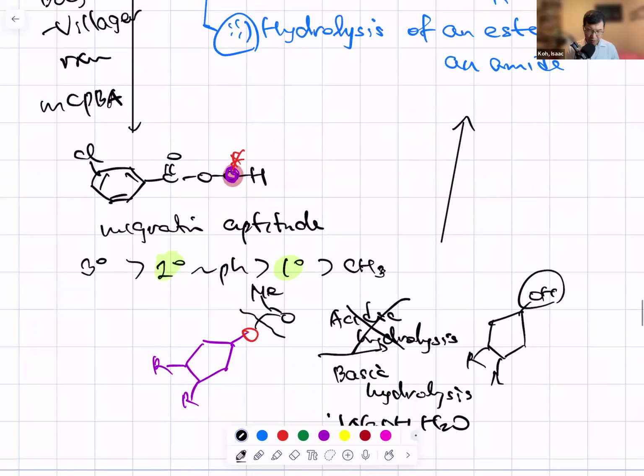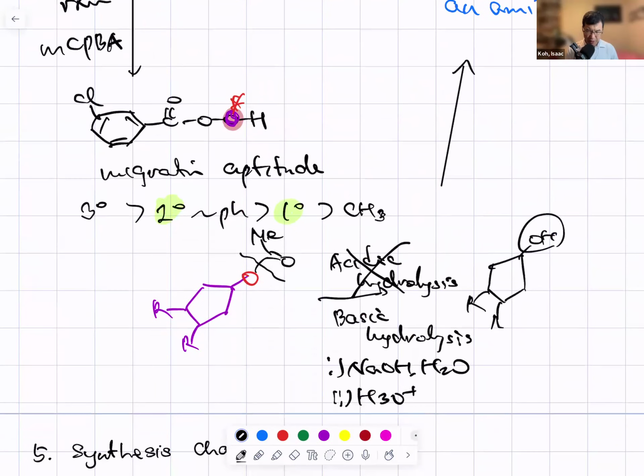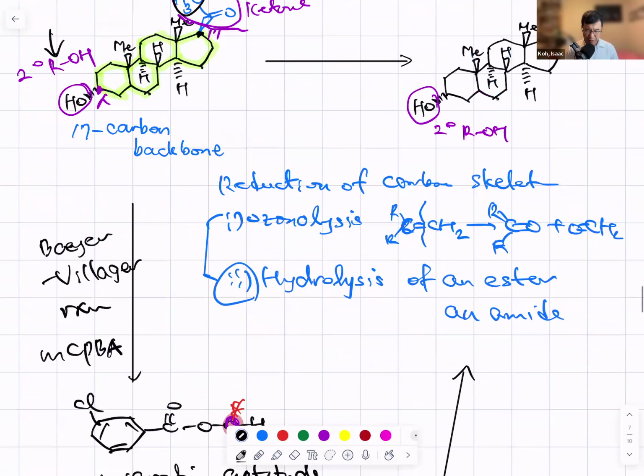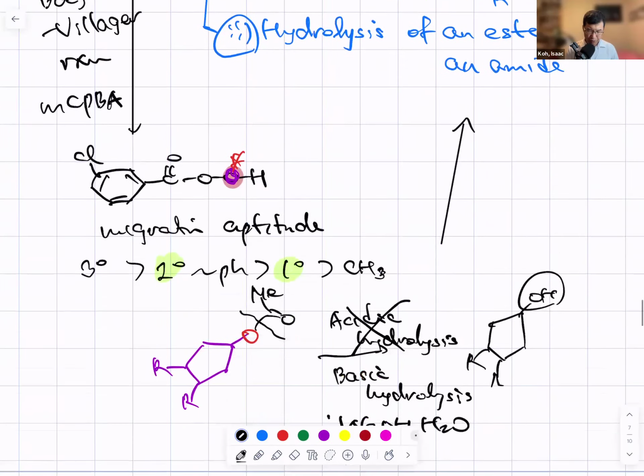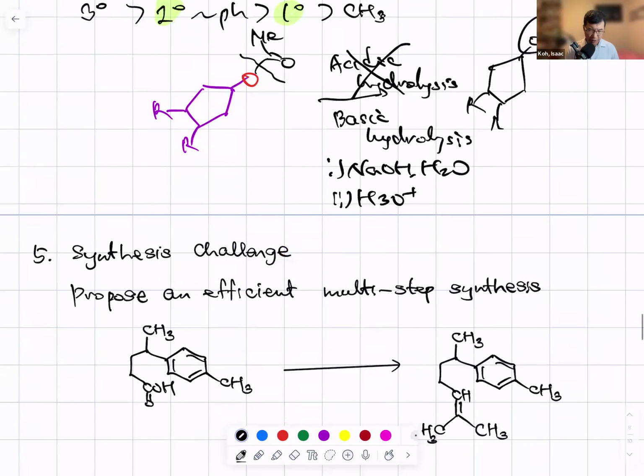And then using the migration aptitude, we see that the oxygen is inserted in between the carbonyl carbon and the next secondary carbon. And then basic hydrolysis. Why? Because we have a secondary alcohol. Secondary alcohol is preserved. So in order to preserve this one, we have to use basic hydrolysis, sodium hydroxide, followed by acidic workup. Okay.